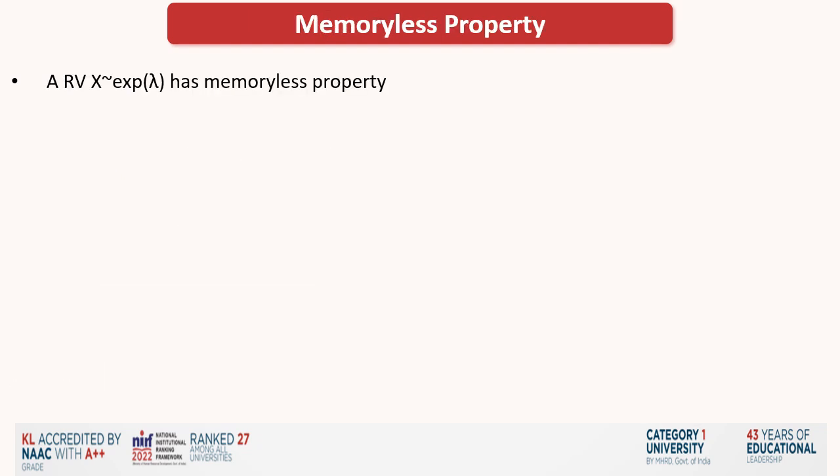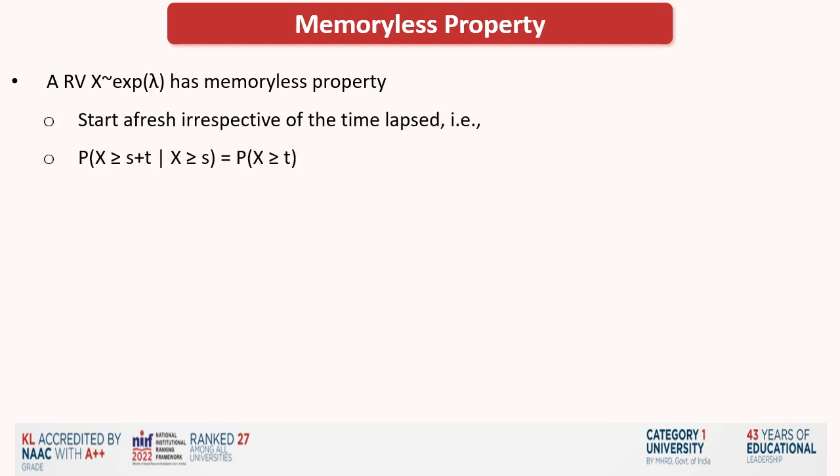The exponential random variable has a very important property called the memoryless property, which means that irrespective of the time elapsed, the probability that x is greater than s plus t, given that time s has already elapsed, is the same as the probability of x greater than or equal to t. Let's consider an example: the event of getting emails for a particular person.